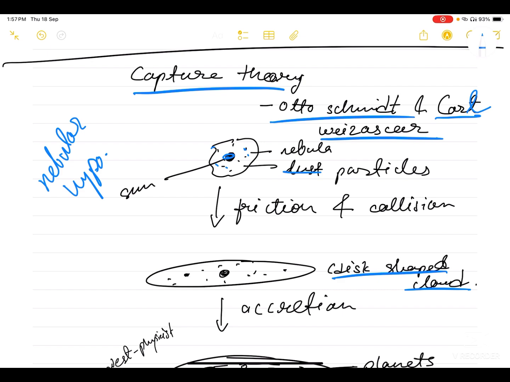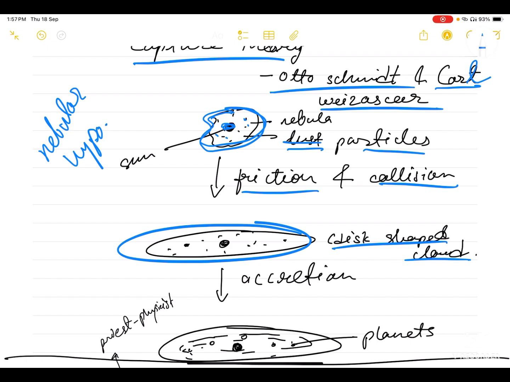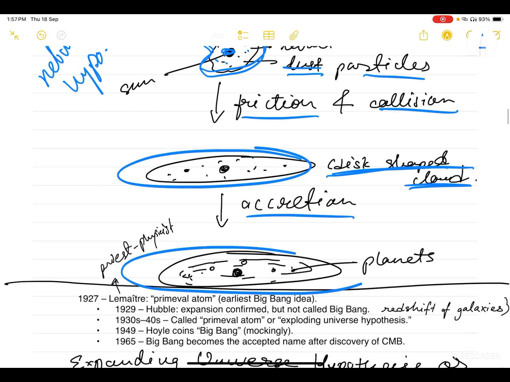It suggested that there was a pre-existing sun surrounded by a nebula with dust particles, which underwent friction and collision. As it was rotating, it formed into a disc-shaped cloud. When the dust particles underwent accretion, they formed planets.